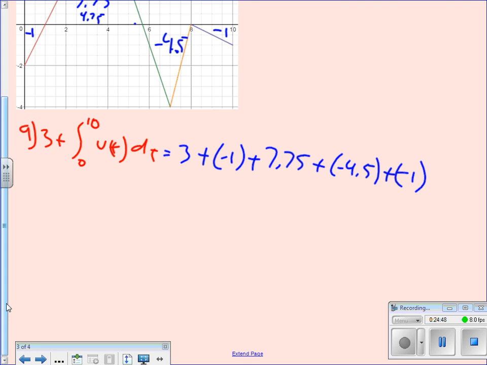Where it started, the 3 here. I don't know, what is it? 4.25.